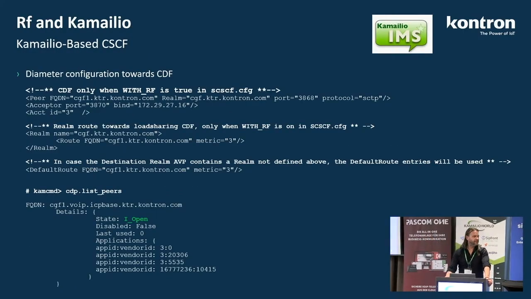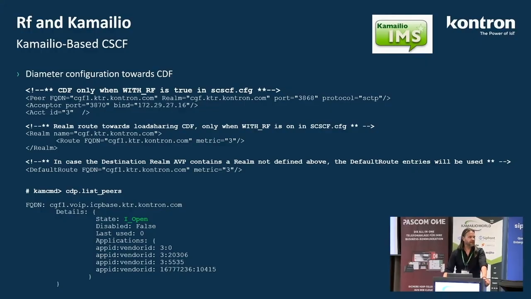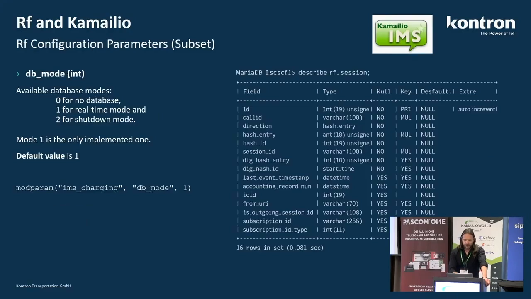There's nothing specific. It's configured like any other Diameter interface in XML towards the charging gateway function. One specificity is that for Diameter we use SCTP as the transport protocol. We do not use TCP, also for reliability and robustness reasons. We also have this DB mode, and we only support one.